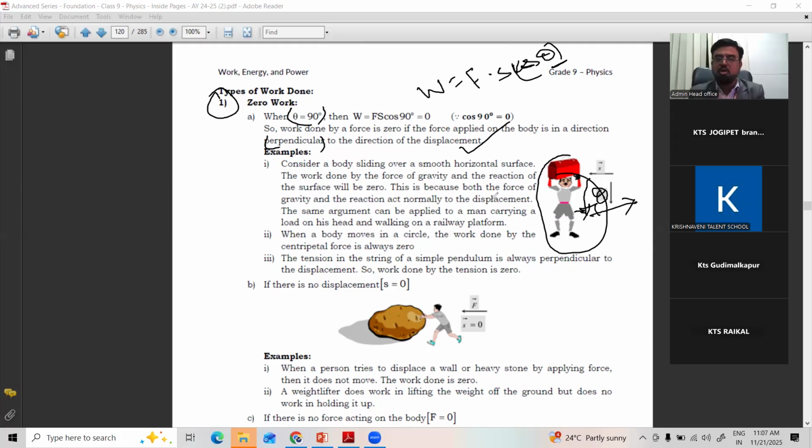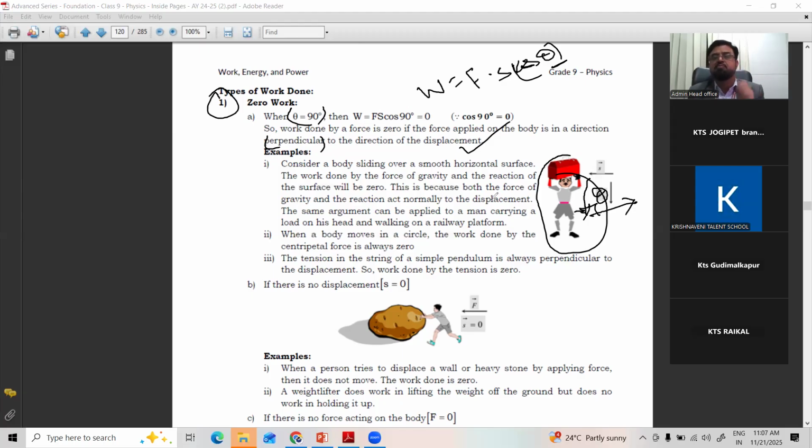So don't argue with your coolie when you go to the railway station or bus station. Generally, when luggage is moved, we hire one coolie. He will carry everything on his head and travel, and put it in your train compartment safely. Then when you ask for money, don't say that as per physics your work is zero. Our regular life is different from the physics point of view.